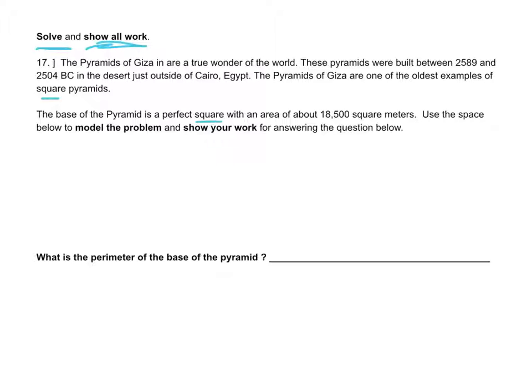Now the key here is that the base of the pyramid is a square. So I'm going to do a little sketch of a square pyramid. Not that great, but now I'm going to pull out the square, the base of the pyramid.